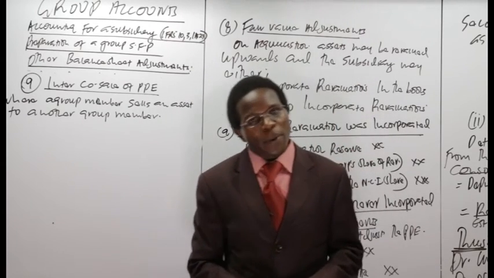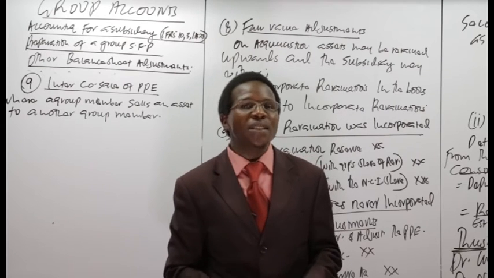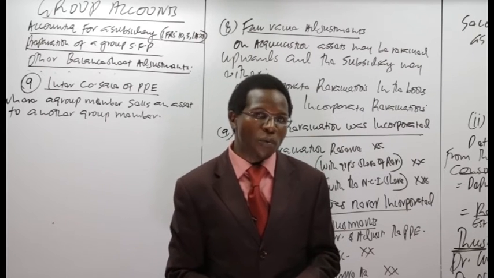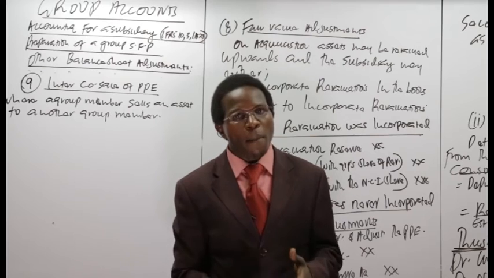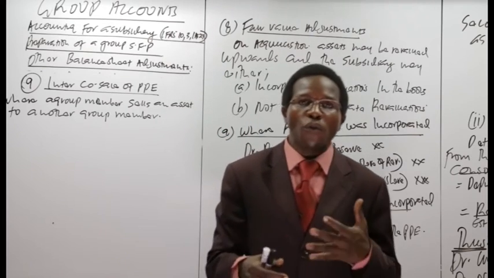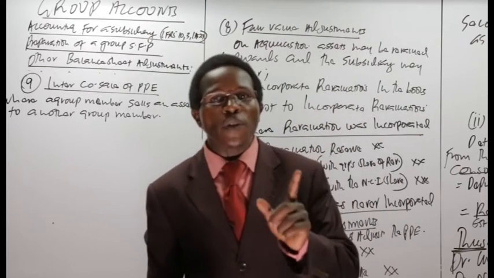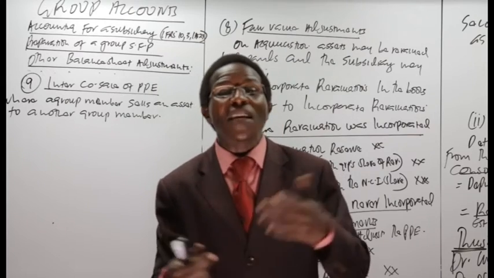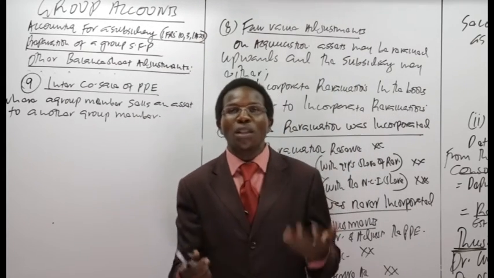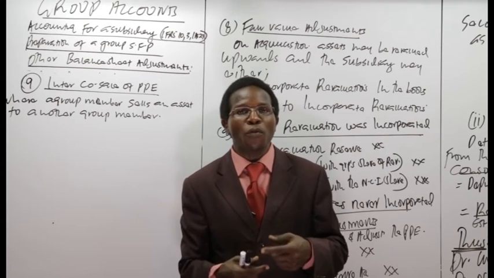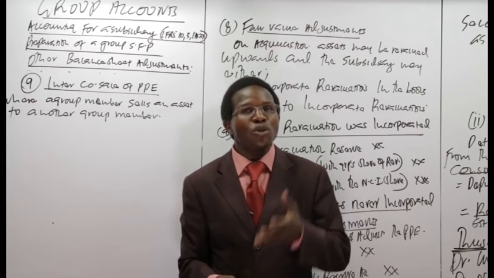Now when that happens, if a group member sells an asset to another group member at a profit, then you should remember that for the purpose of consolidation, there was no profit that should be recognized. That is unrealized, because it is just within the group, so we need to determine the profit and reverse it. The same story with the loss.